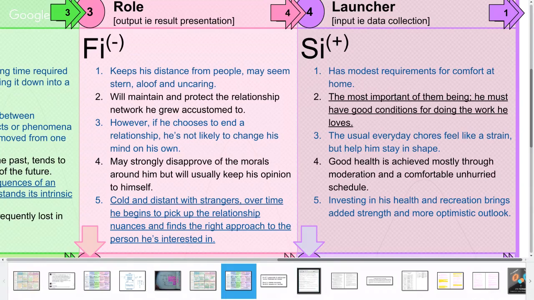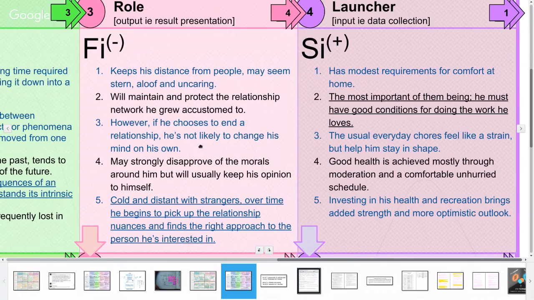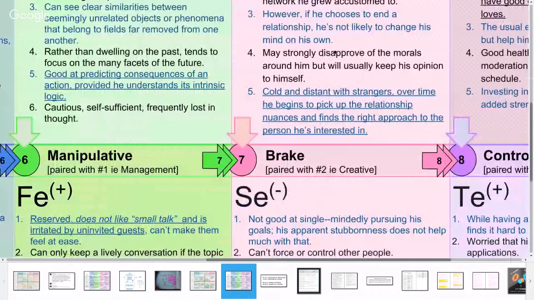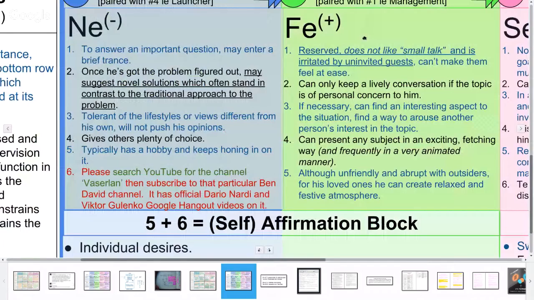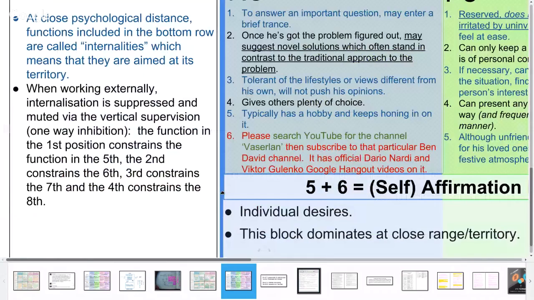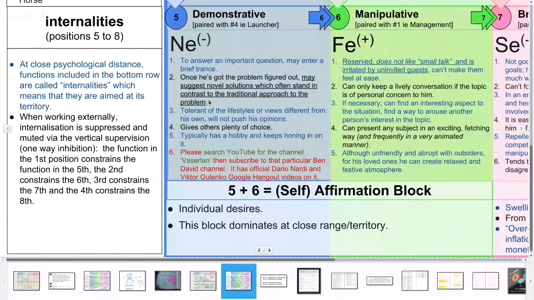Right. So now we're going on to the internalities row. And look here, the internalities, all the extroverted functions in the INTP. Now remember, the top row suppresses the bottom row, unless the TiNx is on their territory.